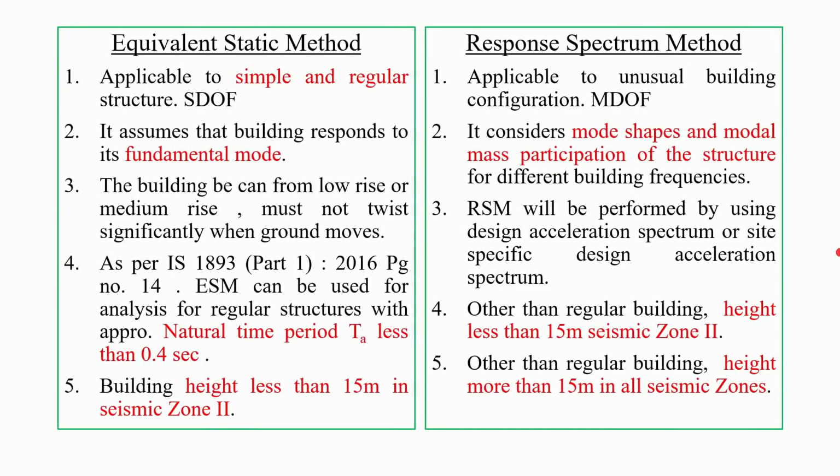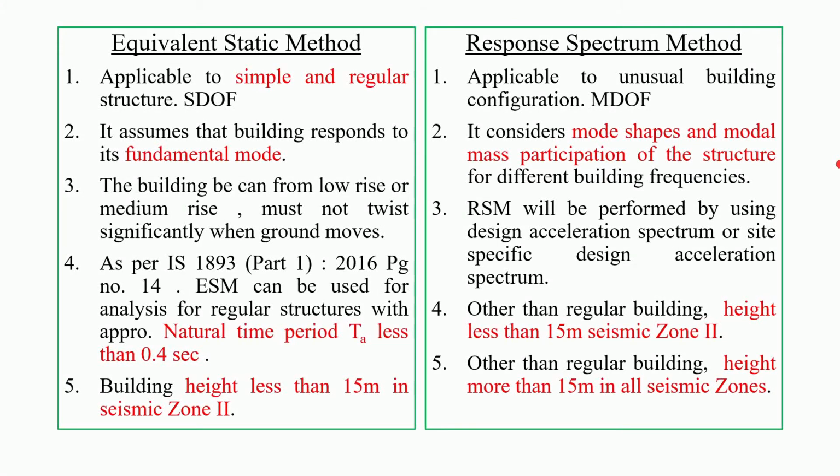Now the next part. The response spectrum method is applicable to unusual building configurations, and they consider it as multi-degree of freedom. In the response spectrum method, the mode shapes and modal mass participation of the structure for different building frequencies are provided, and the response spectrum analysis is performed using the design acceleration spectrum or the site-specific design acceleration spectrum.